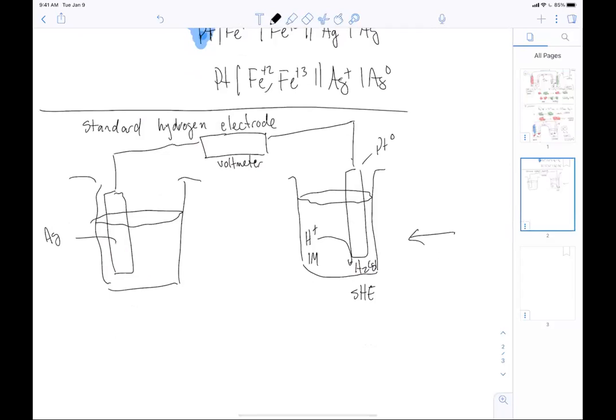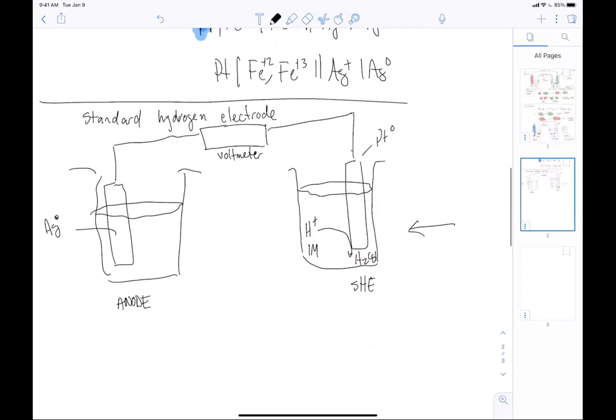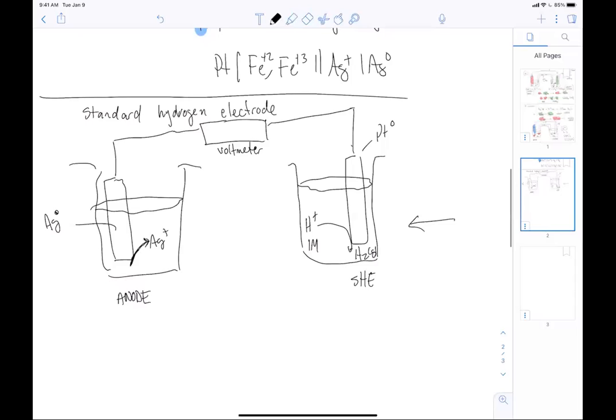So if I have silver, which the thing we've been using as the anode, over here, and I wanted to measure its standard oxidation potential, I guess is what you call it, I would set up this experiment here. I guess we've been using this as the anode, but as the cathode, it doesn't matter though.